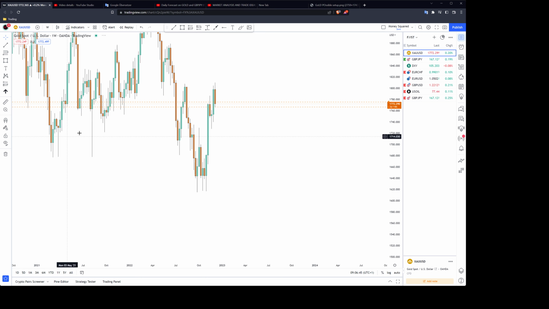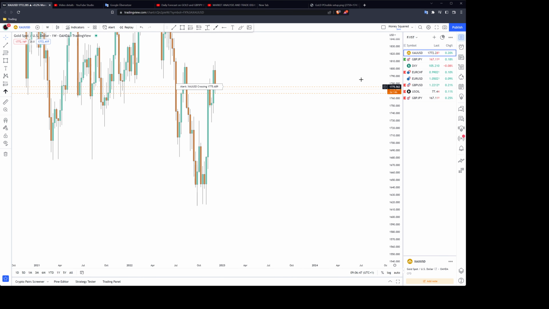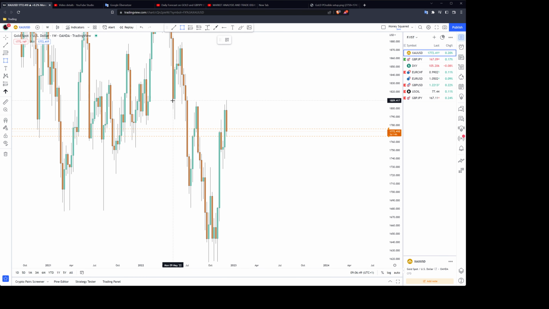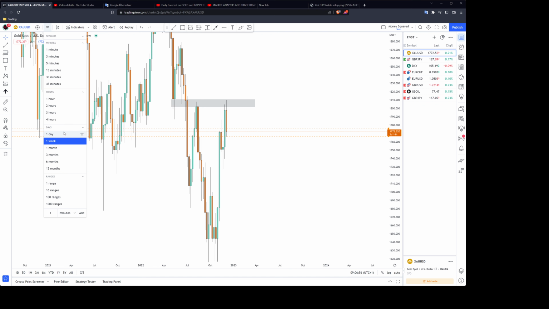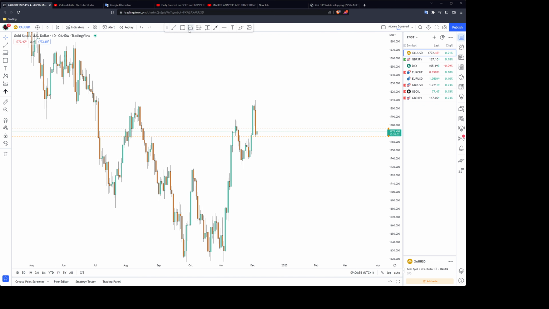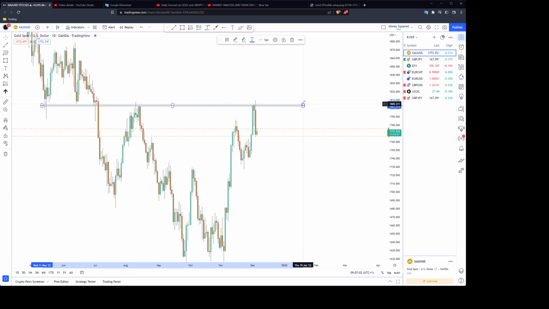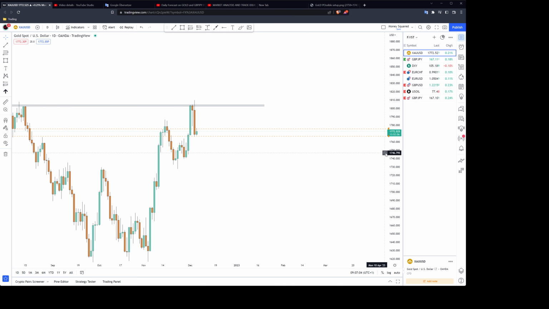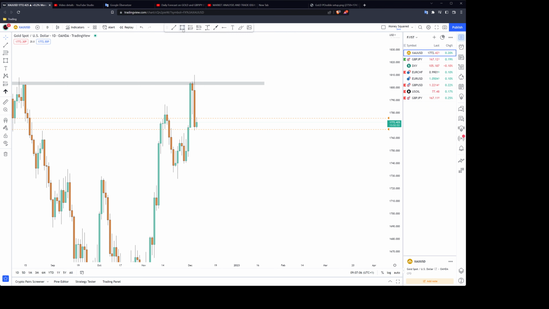Let's go ahead on weekly. On weekly we tap this resistance that is being respected at the moment. This week also on a daily time frame we have this resistance that is being respected. We have this support.